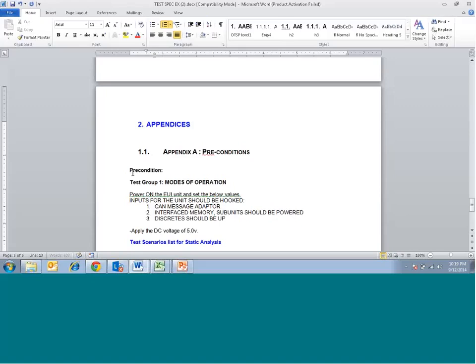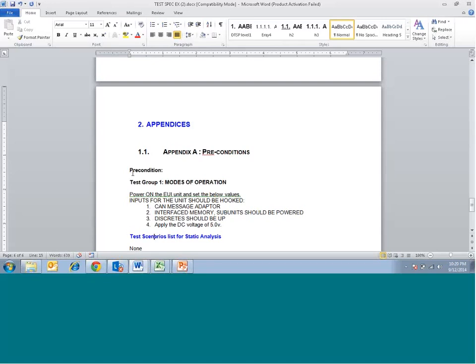Likewise, we are going to have the preconditions. So the precondition can be unique or different based on the type of group that we are using. So for modes of operation, we need CAN messages to be coming, because without that we cannot test the modes of operation requirements. Similarly, we need to apply power, a voltage of 5.0.